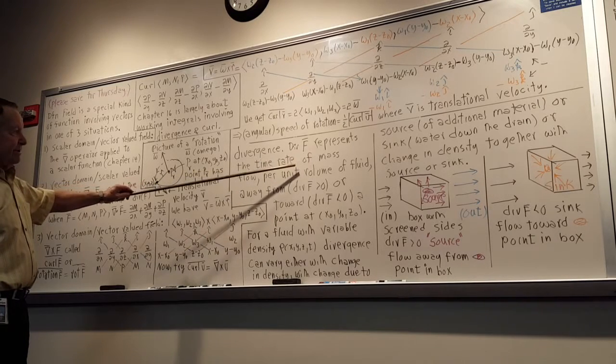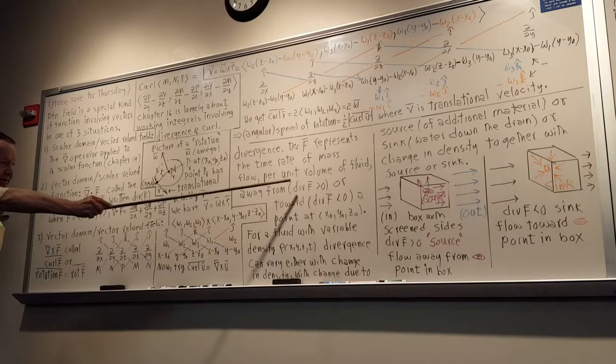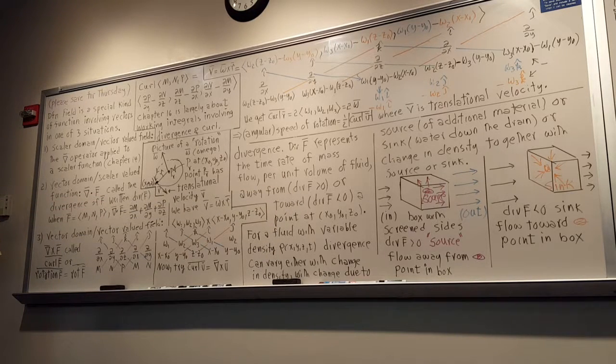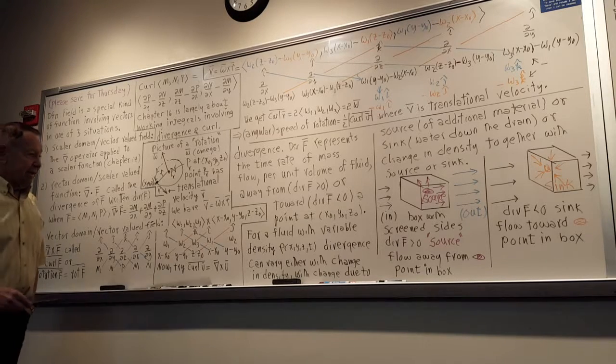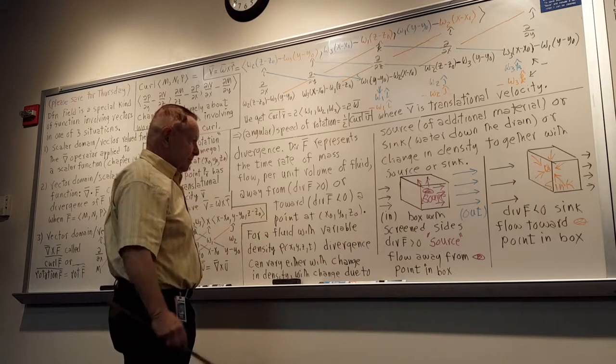That represents the time rate of mass flow per unit volume of fluid away from, if the divergence is positive, or toward, if the divergence is negative, a point at some coordinates.